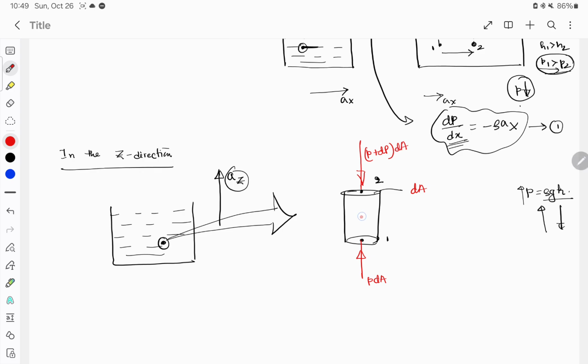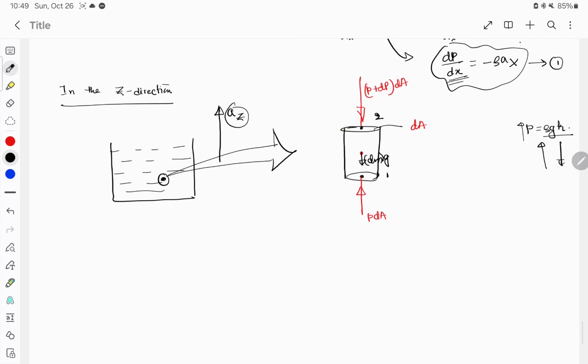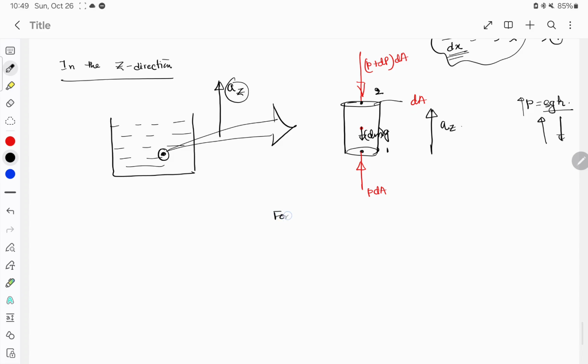And one more force which was not there in the earlier case is dm into g, the small mass of the fluid particle into g, and this fluid particle is moving with an acceleration of az in the upward direction. So again we'll do the force analysis.